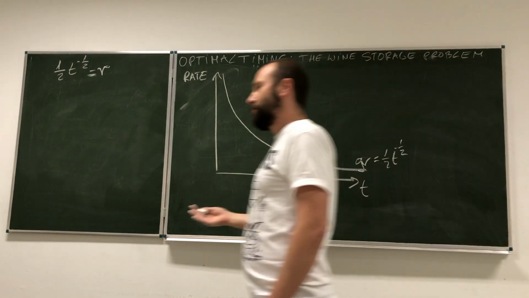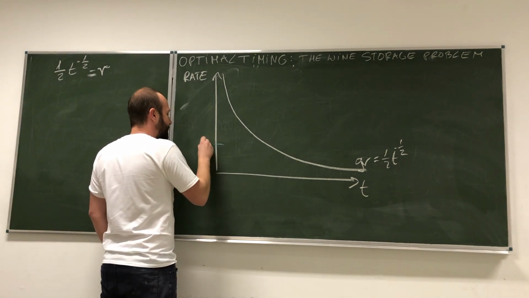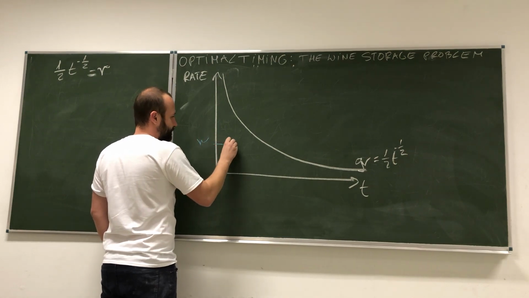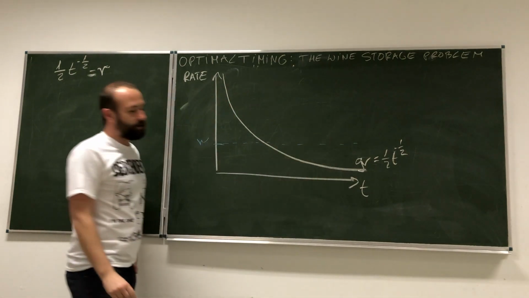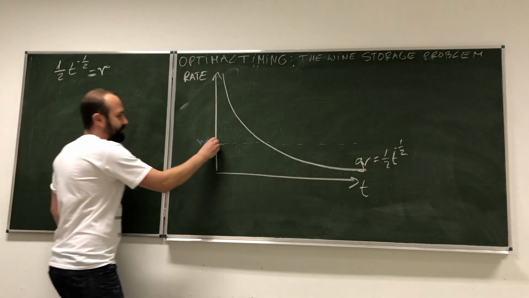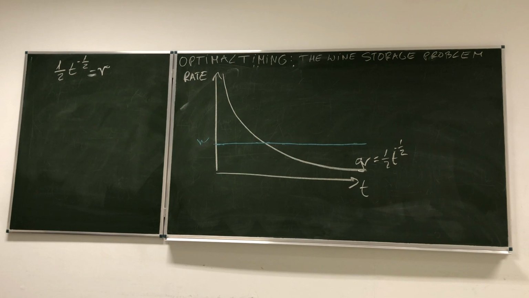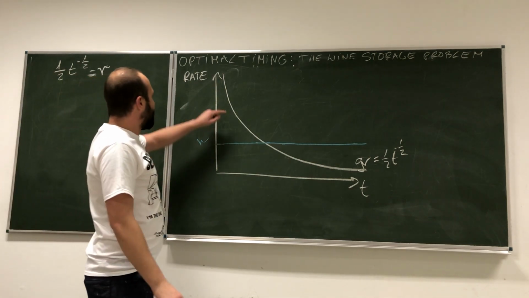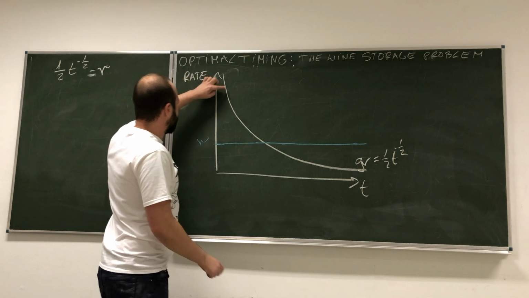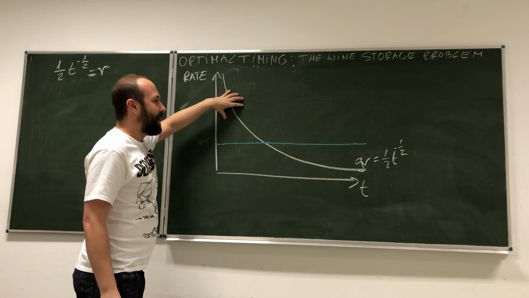Okay, now how do we put r? R is a given, we treat it as a parameter, we do not have any impact on it. It can change, but we need to take it as being constant. So r can be drawn as a horizontal line. And now, what do we see from that? Look, if I'm going to sell the wine today, somewhere over here, it means that I will lose.